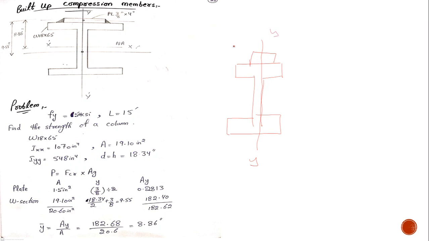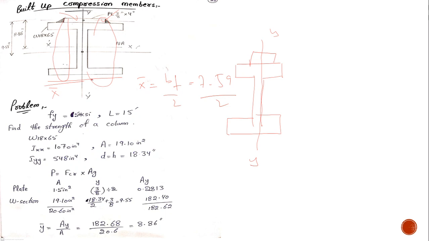Half plate here on the left, and half W section. Similarly, half plate and half W section on the right. It means there is symmetry along the y-axis, so x dash would be simply BF divided by 2. What is BF? It is 7.59 divided by 2.